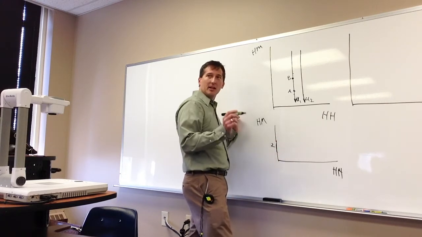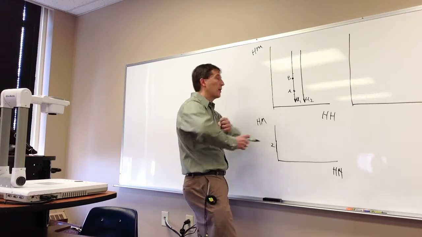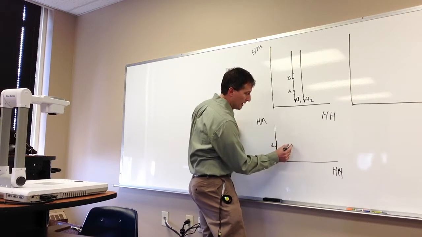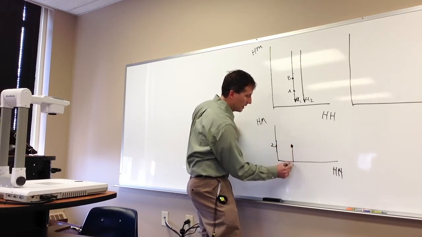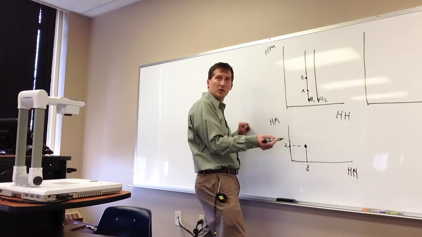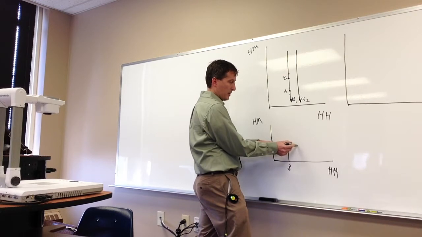It might be easier on some of these to, instead of thinking of lines, think of points. Just arbitrarily pick a point out in space at 2 and 3. If you pick a point rather than drawing the line, now tell yourself the story. If I have more hip hop, am I better off or not?